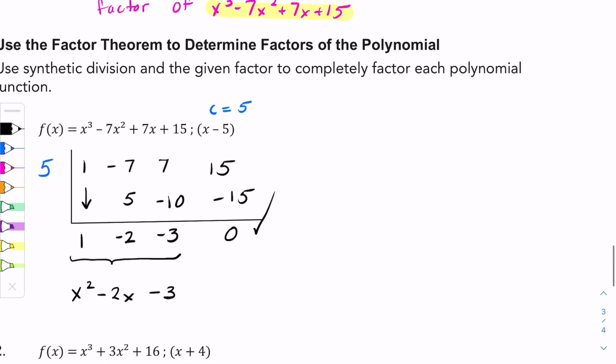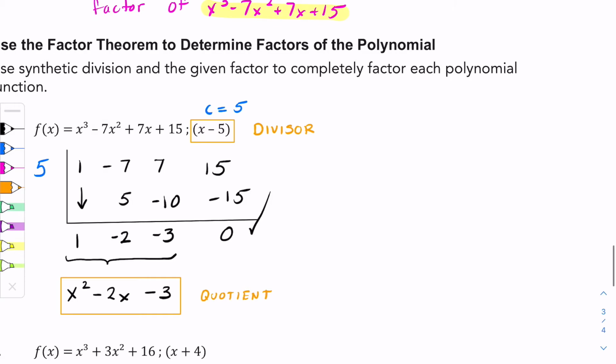All right, so this being the quotient, this being a factor or the divisor, we can write an expression that states the divisor times the quotient equals the dividend.